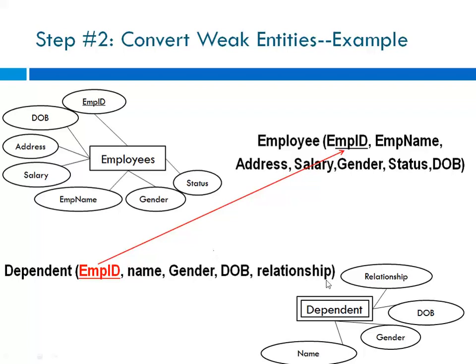So from the employee table, the employee ID, the primary key, is given as a foreign key to the dependent table, and these attributes are added as they are in the dependent table. So now the dependent weak entity is converted into a table with a foreign key to the primary key of the strong entity, that is employees. So this is how the weak entity can be converted into a table.